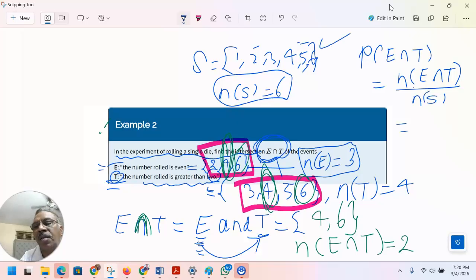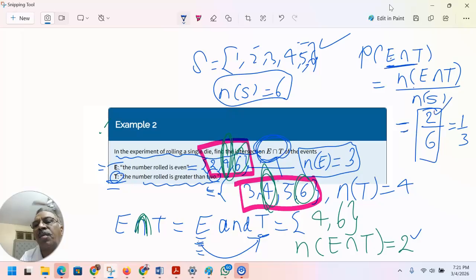So this will be 2 out of 6, which could be written as 1/3, and you're done. I'm going to keep the 2 out of 6 to show that 6 is the total of all possible outcomes.